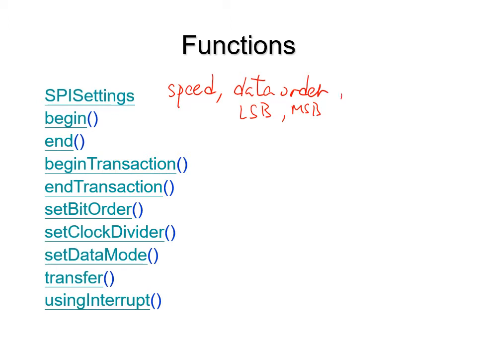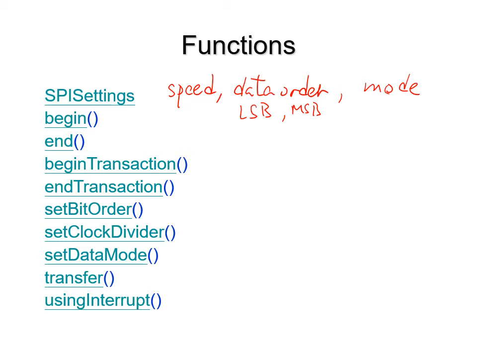And you can consider the mode of the SPI. Remember, we introduced that SPI has 4 modes. The mode number is from 0 to 3, and it specifies the phase of the clock and whether you are going to trigger the data from the positive edge or negative edge.